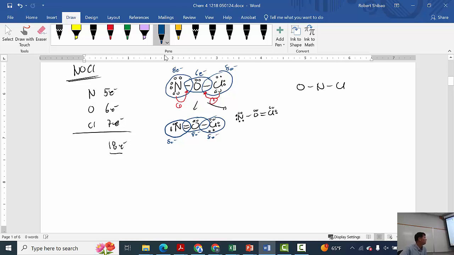So everybody has an octet. What about this structure here? Does everybody have an octet? Yeah, everybody has an octet. And so both of these structures satisfy the octet rule.